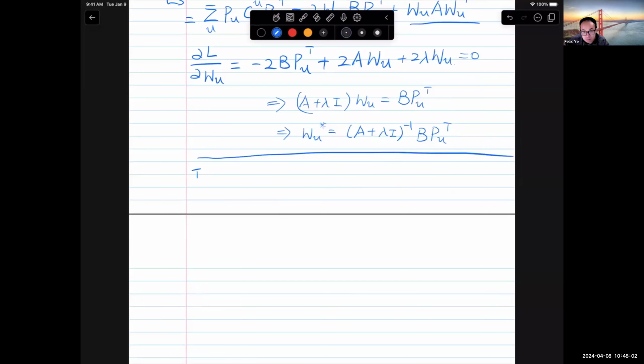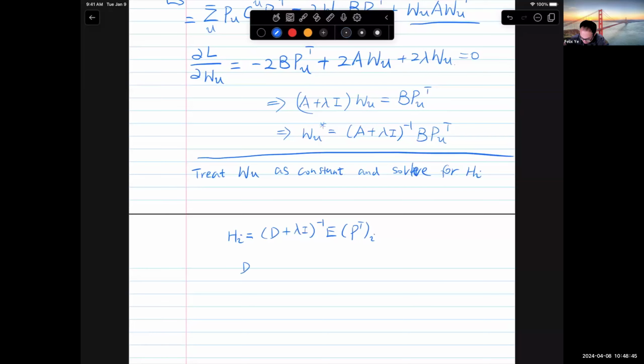If we treat WU as constant and solve for HI, then your HI is actually D plus lambda I inverse E, and the H transpose, taking the ith row.